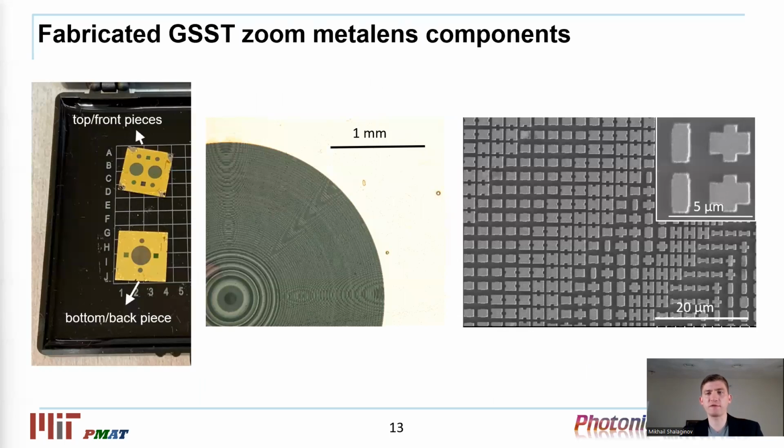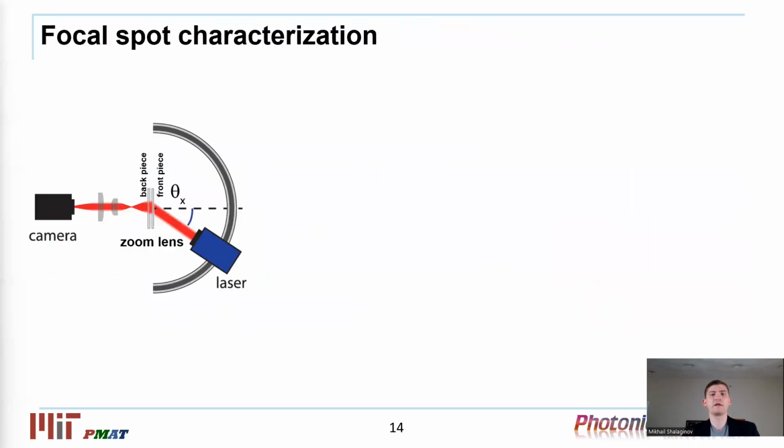Here are the images of the fabricated zoom metalens components of decent quality. The focusing performance of the lens was measured using the demonstrated setup, a 5.2 micrometer collimated laser beam incident at various angles ranging from -20 to 20 degrees in the amorphous state and -2 to 2 in the crystalline state.